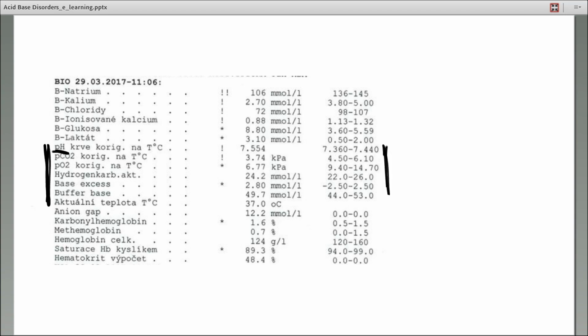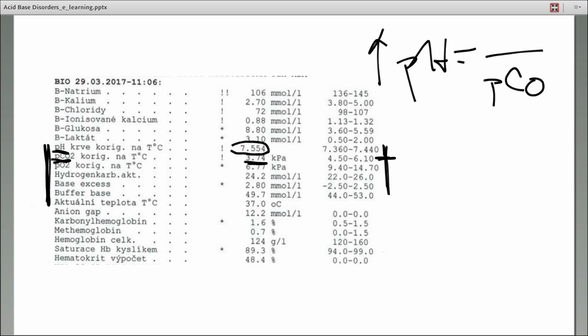It's 7.5, let's say. So pH is high. Then we look at PCO2. Just remember, pH, PCO2. PCO2 is low. You may see reference ranges here. So we have low PCO2. Then we look at bicarbonate. Bicarbonate is normal.